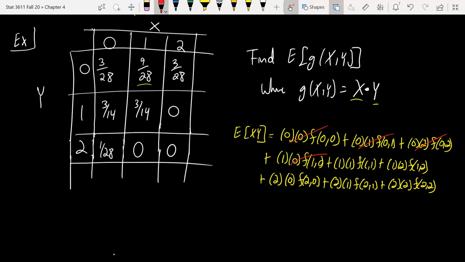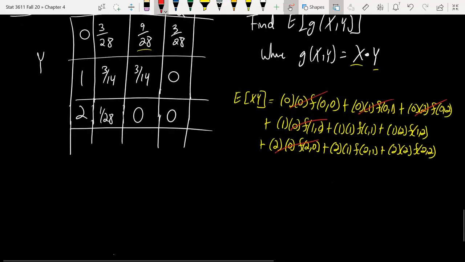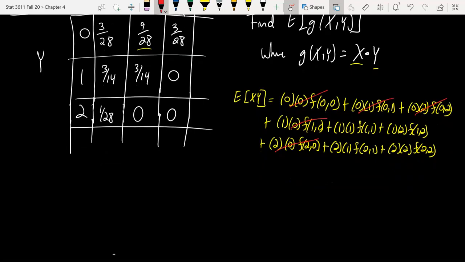What's left? 1 times 1 does not have a 0, so I need that. 1 times 2 is going to zero out. So what we have left is just these last 4 probabilities. 1 times f of 1, 1, that is 3/14, because that comes from here. And then what do we have? f of 1, 2.